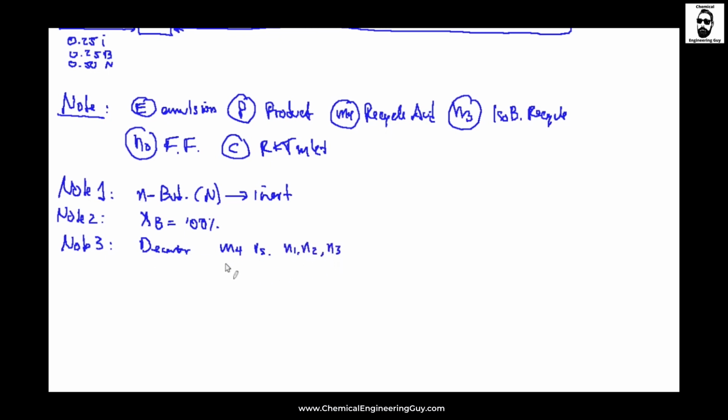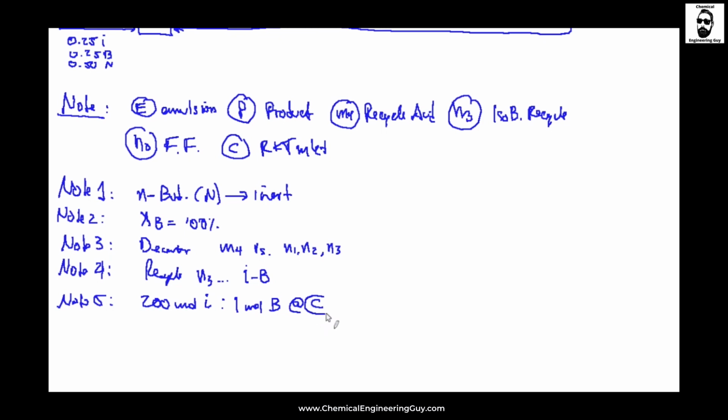So that's a perfect separation. Probably it's not going to happen, but they tell you to assume it. Note 4: the recycle in N3 is only isobutane. What else do we have? Note 5. This is the important one. 200 moles of isobutane per each mole of butylene, isobutane versus butylene, at the reactor inlet, which is letter C. Note number 6.